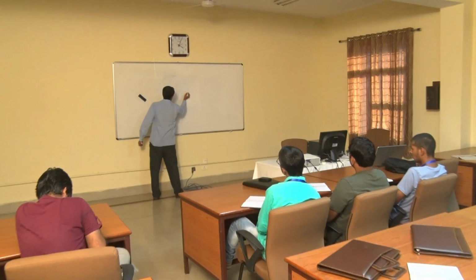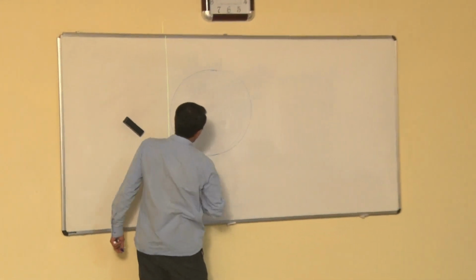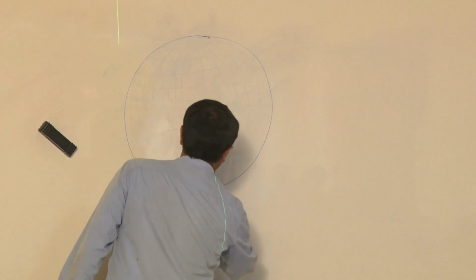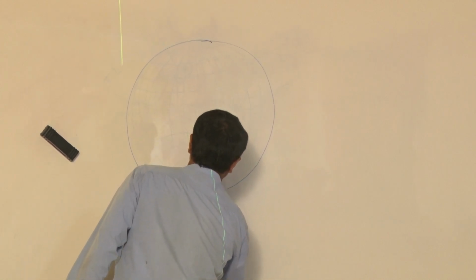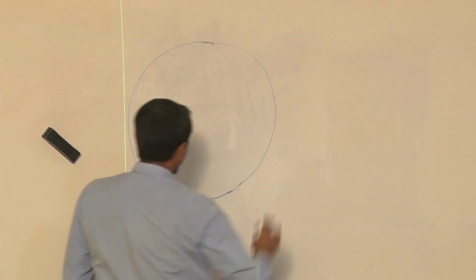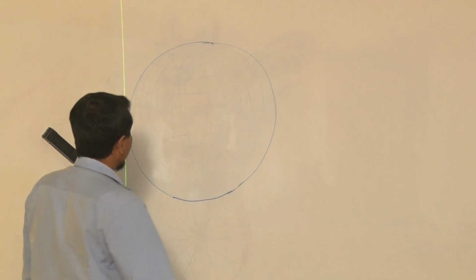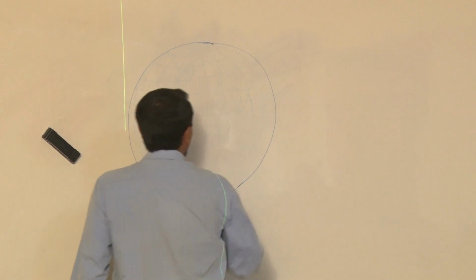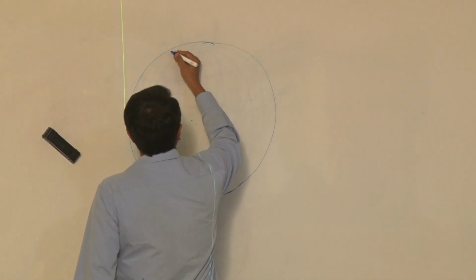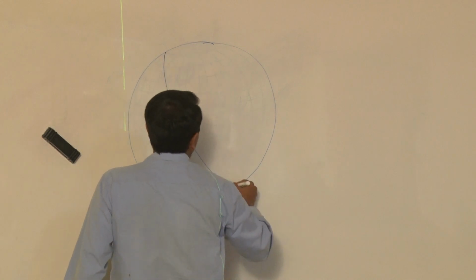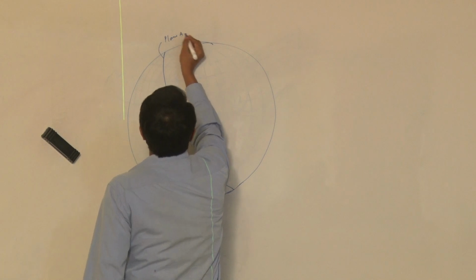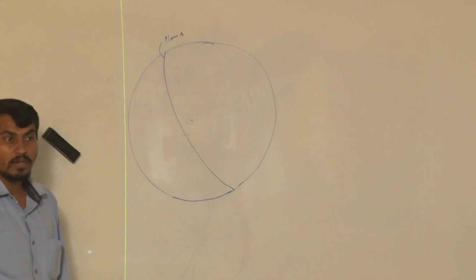Suppose wedge failure, suppose one plane A, suppose the great circle is this one joint.